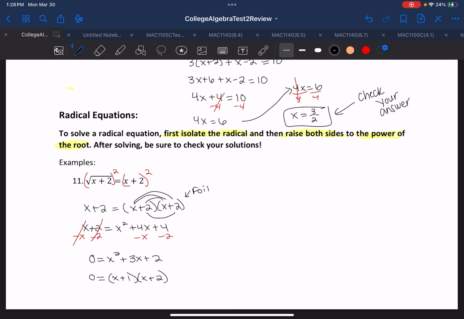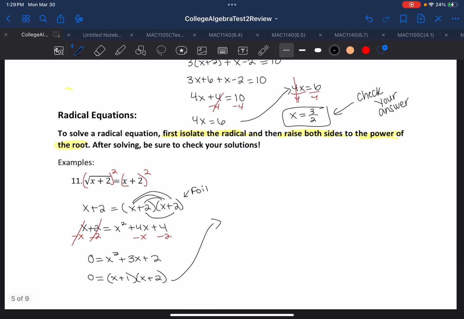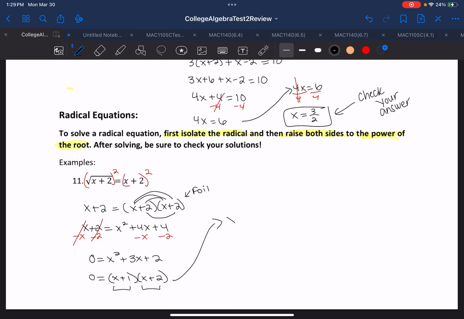And then we will set each of these factors equal to 0. So x will be equal to -1, or x will be equal to -2.